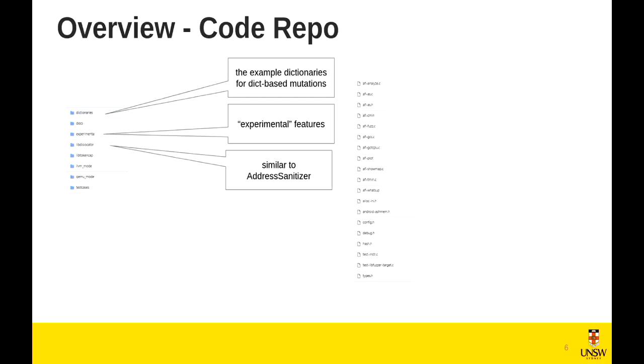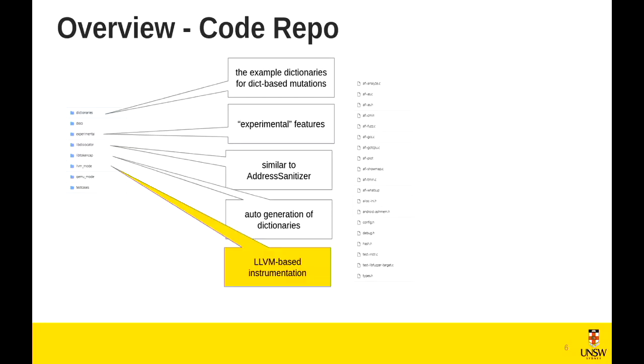This libdislocator is similar to address sanitizer. It is to increase the sensitivity of the fuzzer. And this libtokencap is to automatically generate dictionaries with the project.